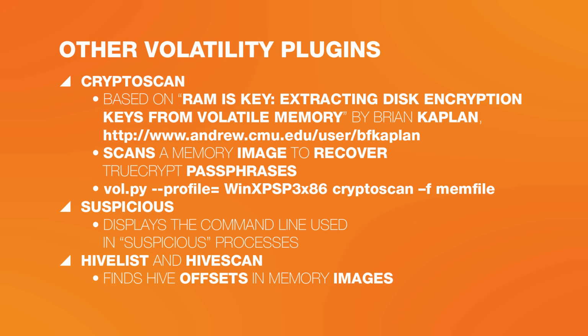Here is an example of using cryptoscan. For Windows memory images, Volatility Framework uses the plugins hivelist and hivescan to dump out the registry hives such as SAM, security, software, NTUSER.DAT, and UsrClass.dat found in memory.